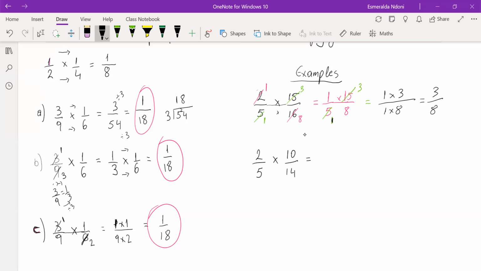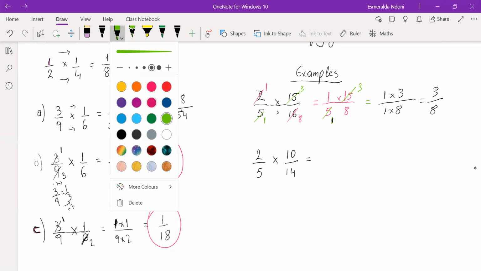So looking through the first fraction, can I do anything there? No, I cannot. So I move on and check the second one. Can I divide this fraction? Can I simplify that? Oh, yes, I can actually. I know that 2 goes into both of them. So I'm going to write 2/5 as it is, because I'm not going to simplify that.